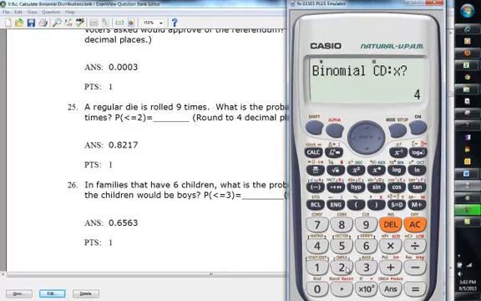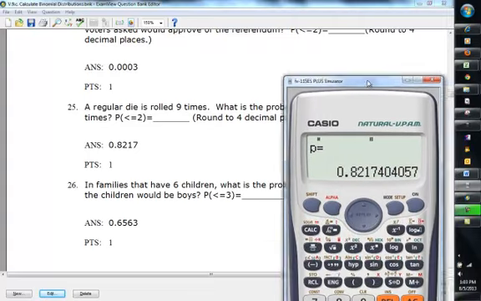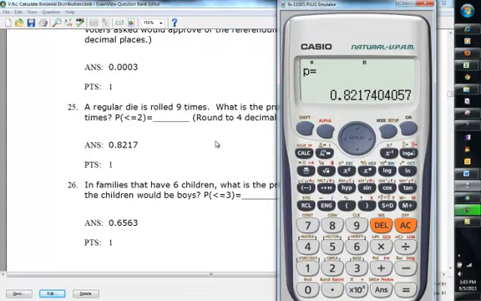So we have 2 out of 9, and the probability of rolling a die is 1/6, and so the probability of rolling a 3 2 or fewer times is 0.82.